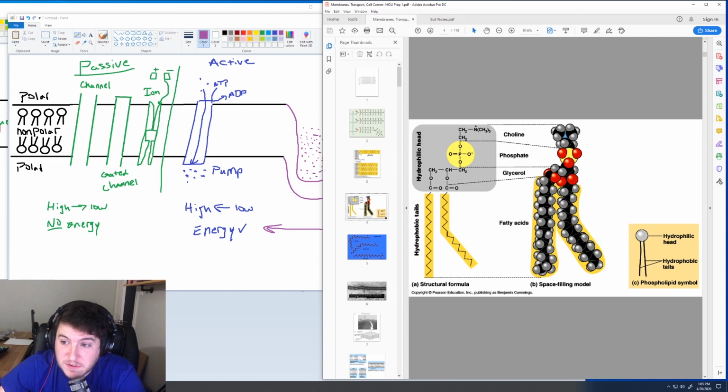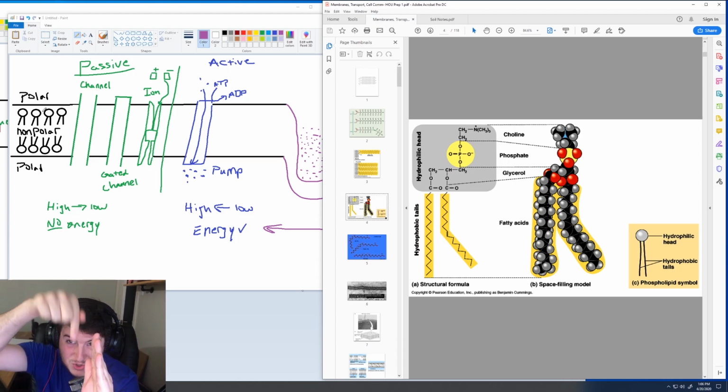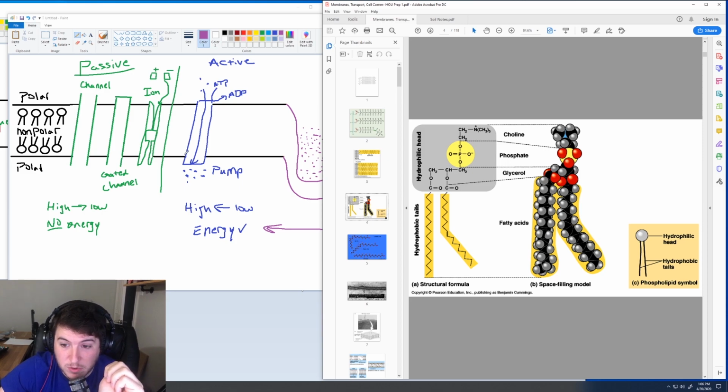So that's our phospholipid. Now you'll notice that phospholipids have these unsaturated fats, these kinks, and that's important because that means these phospholipids are not right on top of one another. There's a little bit of space in between, and that little bit of space is important because it allows certain things to just sneak in between two phospholipids.